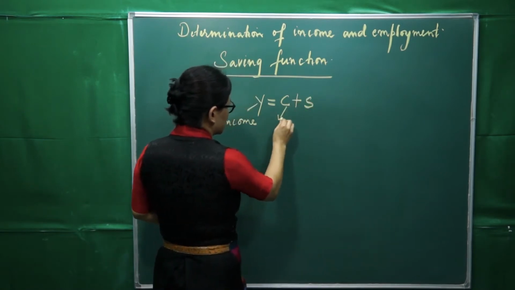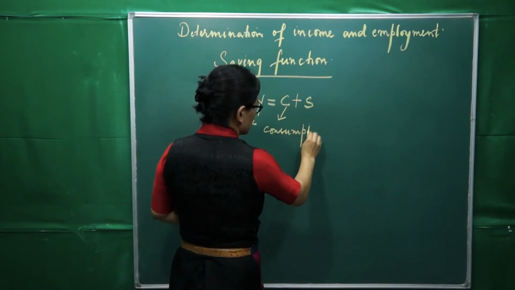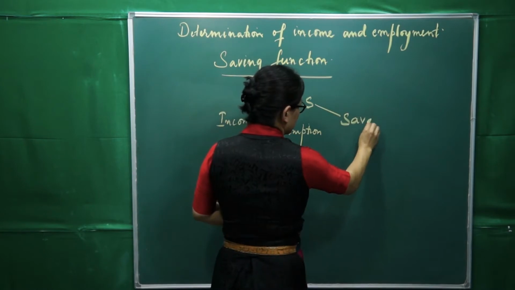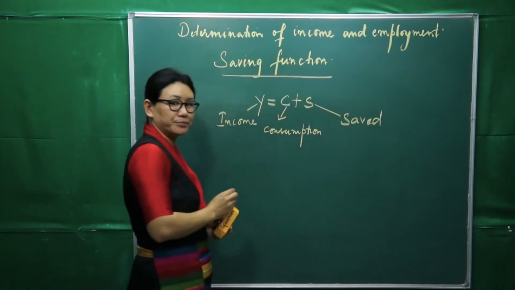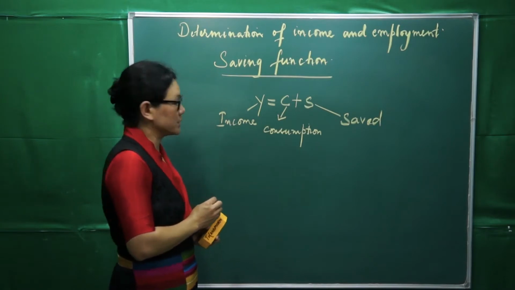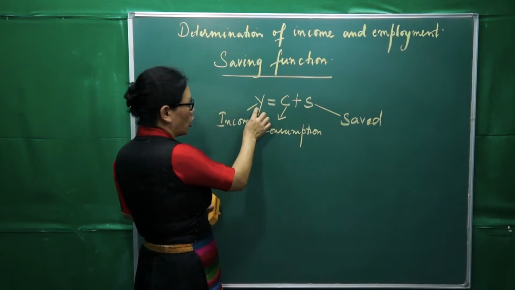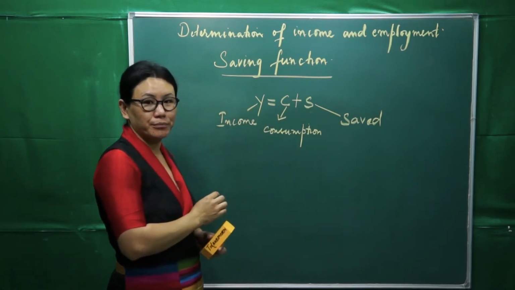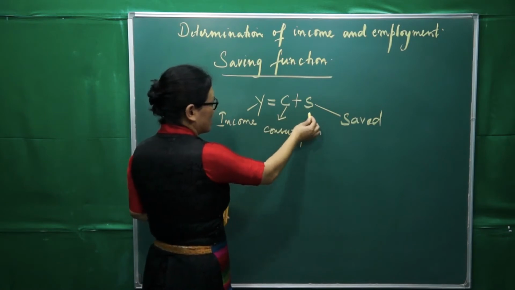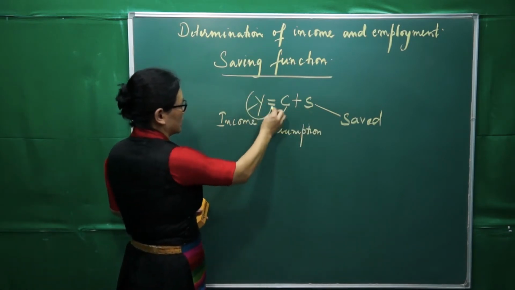So this is consumption and this is saving. Now it shows that both C and S depend on income, or we can say consumption and saving are determined by income.